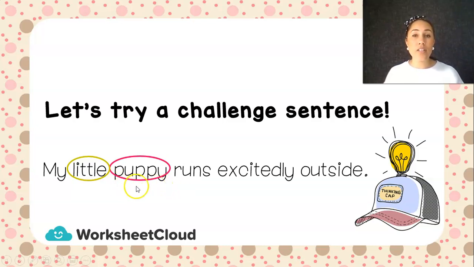Because our sentence needs to have a verb. The puppy runs. That is what he is doing, the action word in the sentence. And are there any words that describe how he runs? He runs excitedly. And that tells us exactly how he is busy running outside in the garden. So I can use my imagination and I can try and picture this little puppy running around on the grass outside.